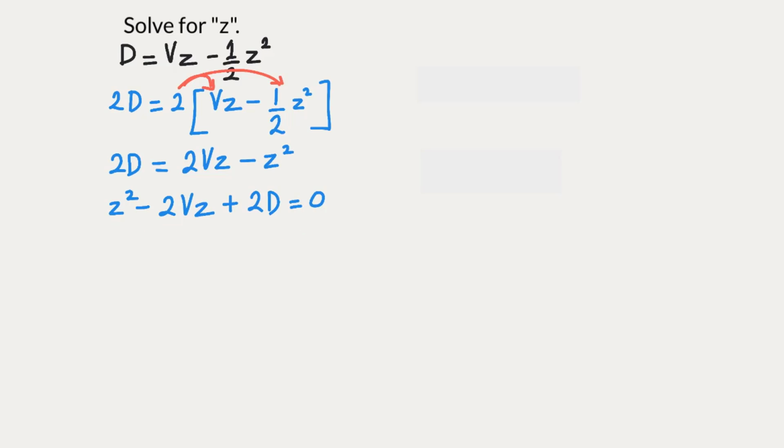Let's look at the general form of a quadratic equation. Ax square plus bx plus c equal to 0. Here the variable is x. In our given equation the variable is z. If we compare the coefficients, with z square the coefficient being multiplied is 1, so the value of a would be 1.